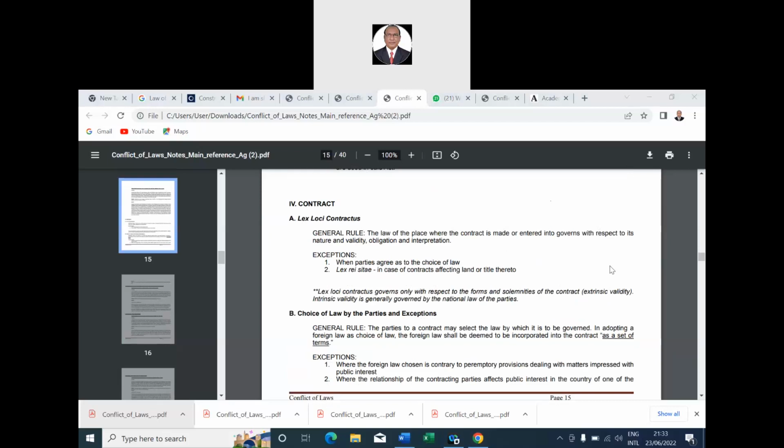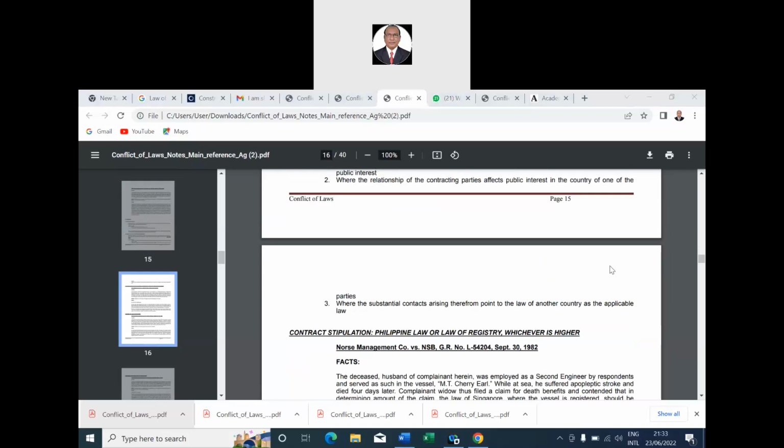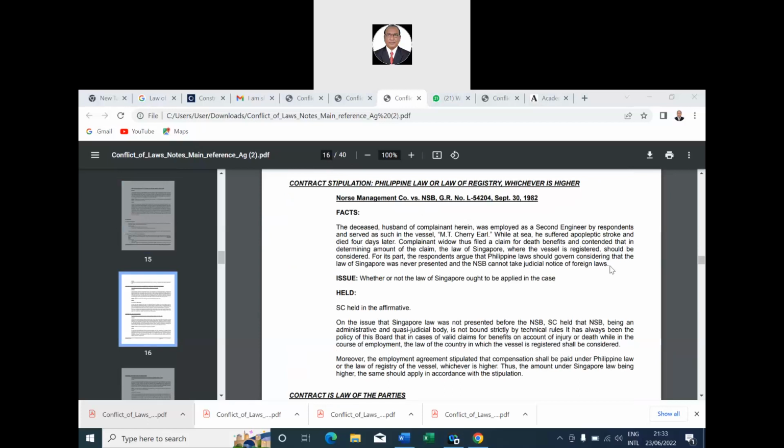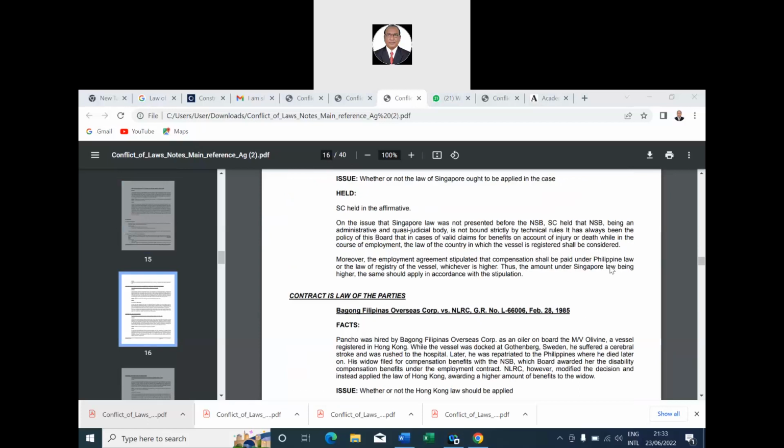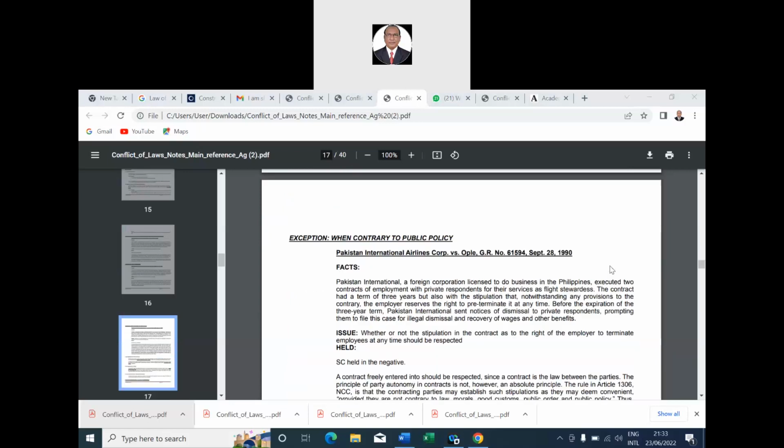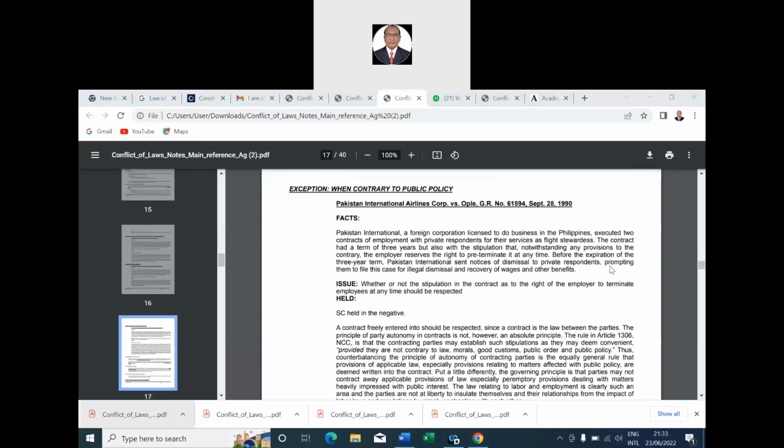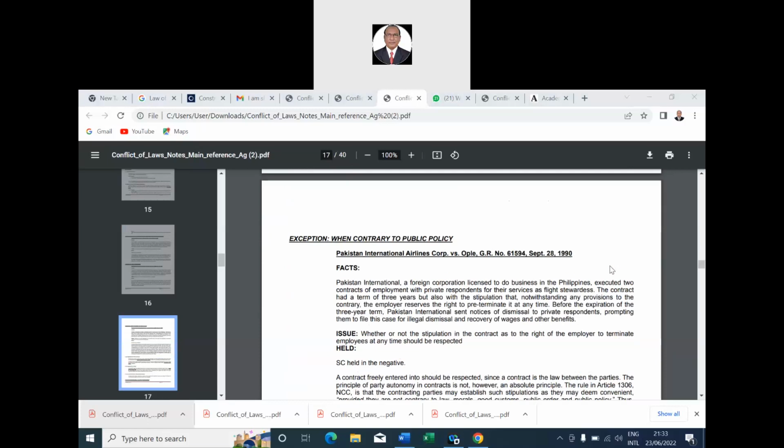Contracts, we dealt with it, and contract is the law of the parties, and Philippine Overseas Corporation versus NLRC will not be followed in the other law we discussed, and the exception is a contract contrary to public policy, Pakistan International Airlines Corporation versus Ople. Here Pakistan International Airlines, licensed to do business in the Philippines, executed 2 contracts of employment with the private respondents for their services as flight stewards.